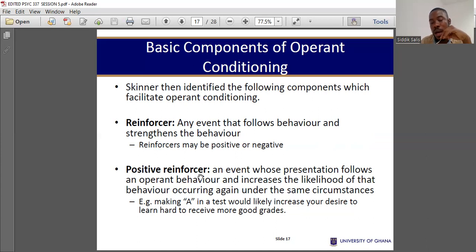Punishers are to discourage, but here I'll use weaken, undesired behaviors. I hope you understand. Great.